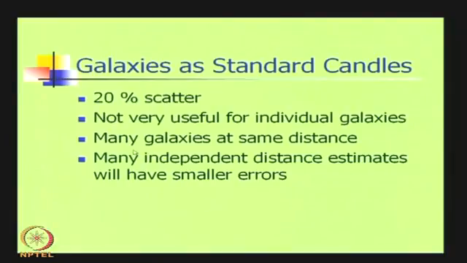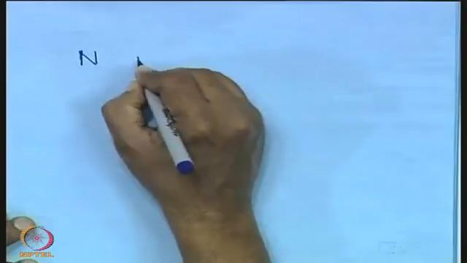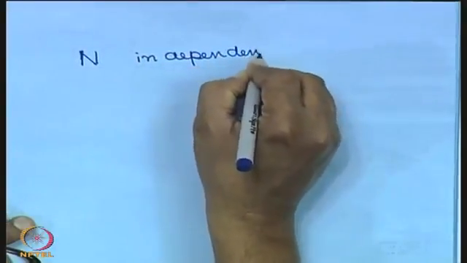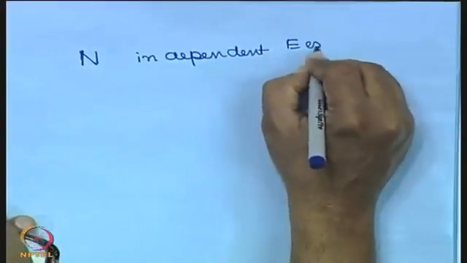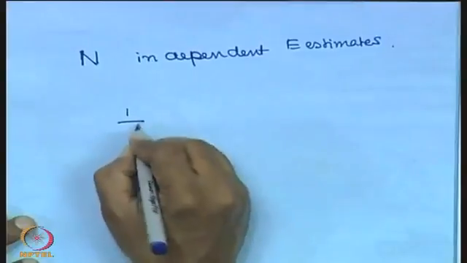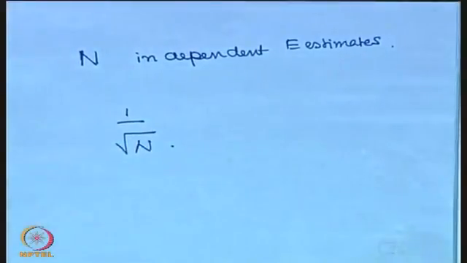Now, what one could do is, if you have many galaxies at the same distance, for which you know the distance is the same, then if you have, for example, n independent measurements, independent estimates, then the error will go down as 1 by root n. This is a well known thing.